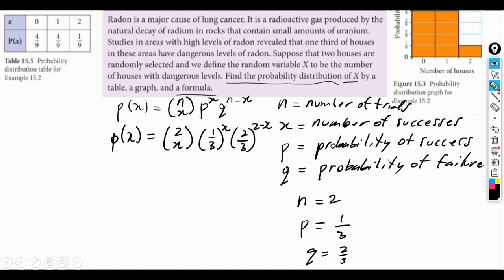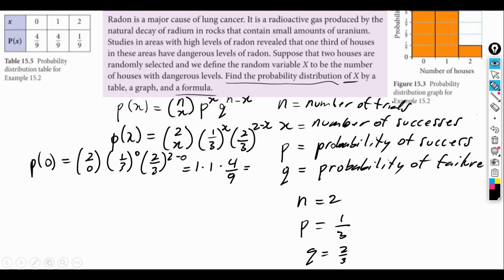So let's see if we get the same results using the formula. So notice that P of 0 would then equal combination 2 and 0 times 1/3 to the 0 times 2/3 to the 2 minus 0. So this is going to give us 1 times 1 times 4/9, and this equals 4/9. So notice that we get the same answer.